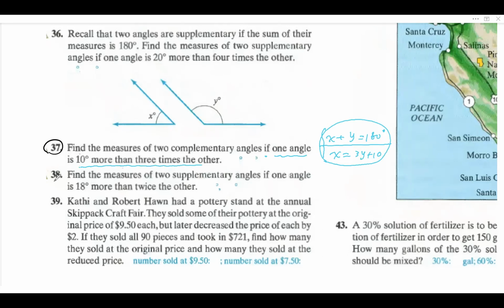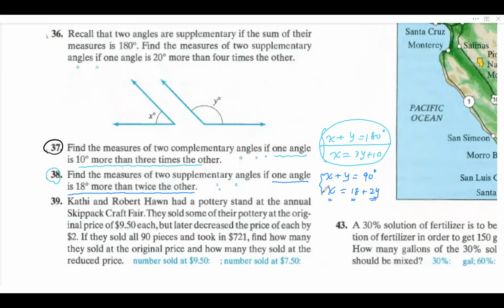All right, let's see 38. Find the measurement of two supplementary angles. So supplementary means two angles added together is 90 degrees, right? If one angle is 80 degrees more than twice the other, then 2 times the angle plus 80 equals the other, right?